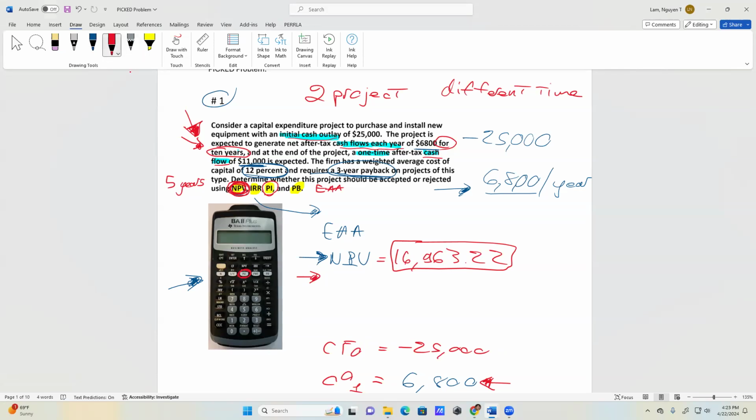All right, on to the interest. It's going to be 12%, which is given right here. So for the I/Y, you're going to put 12%. For how many years? For 10 years, right? So for the N, you're going to put 10 years.